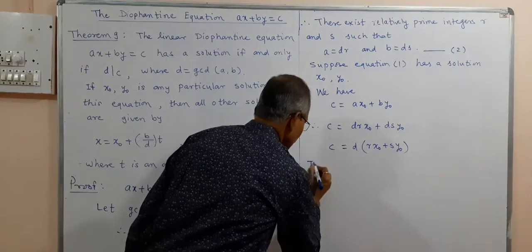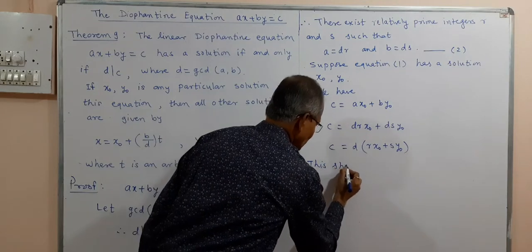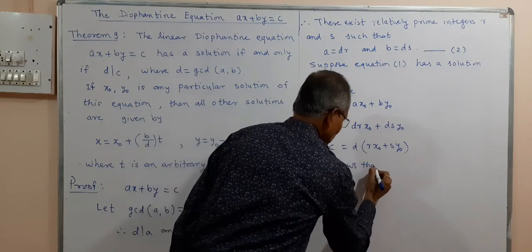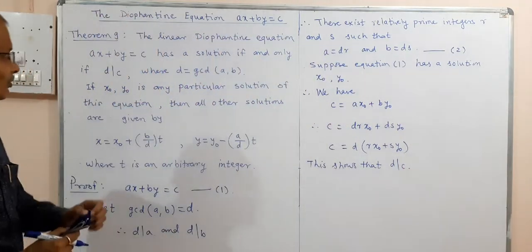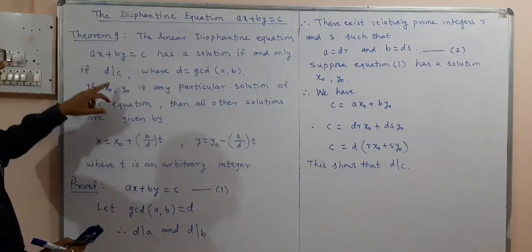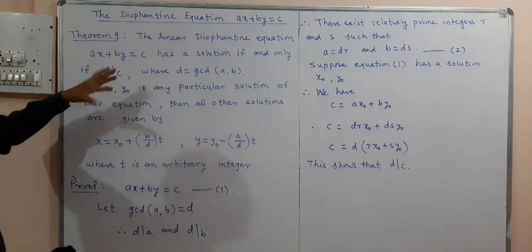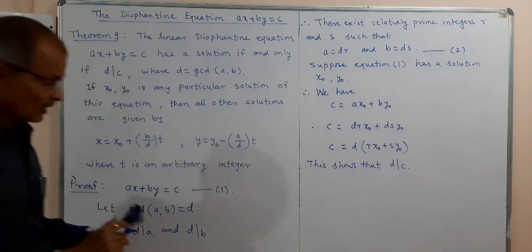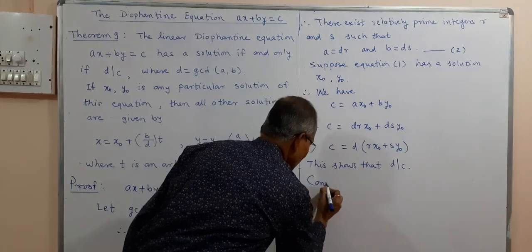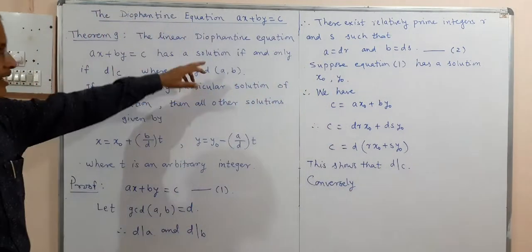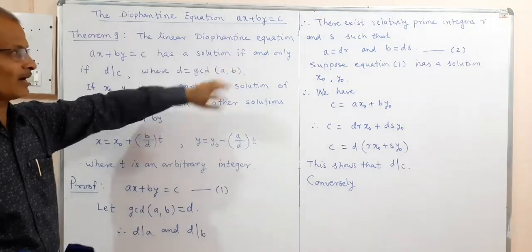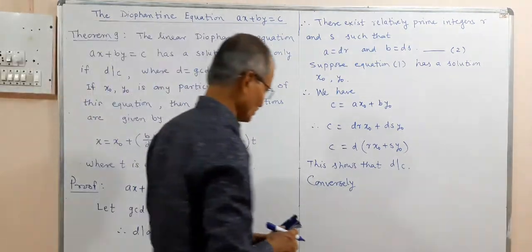So this shows that one way we have proved, if there is a solution, then we have d divides c. Now conversely we shall suppose d divides c, and then we shall show there is a solution, because the theorem has two parts, if and only if, a two-way relation we have to show.